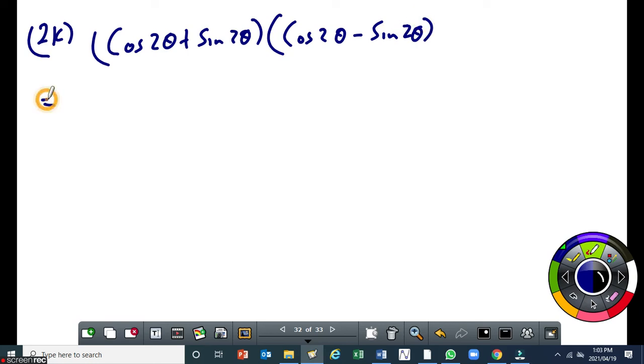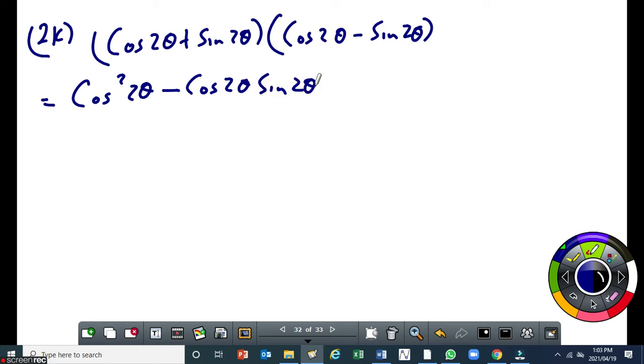Now here we are going to use FOIL. Cos 2 theta times cos 2 theta, that's cos squared 2 theta. Cos 2 theta times minus sine 2 theta, that's minus cos 2 theta times sine 2 theta. You following that?